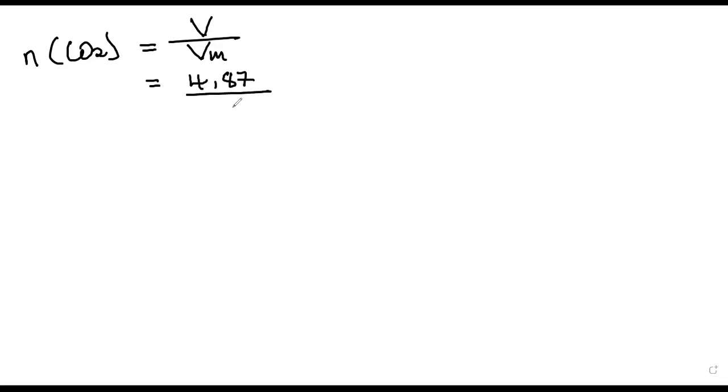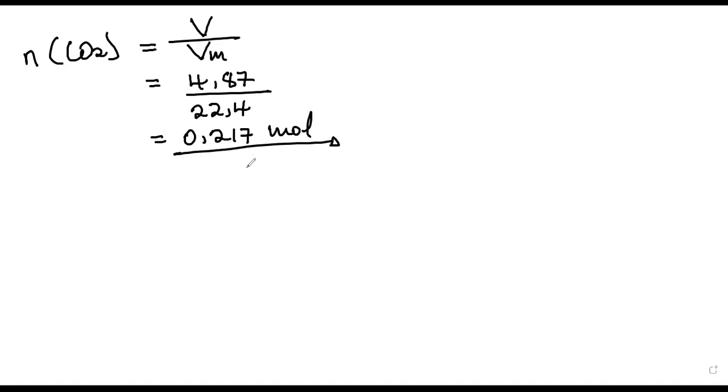And then the molar volume of carbon dioxide at STP is 22.4 cubic decimeters per mole. So let's see how much we get from here. So we realize the number of moles will just be 0.217 moles, like that. So let's take it to 3 decimal places. We'll take it to 2 in the final answer.